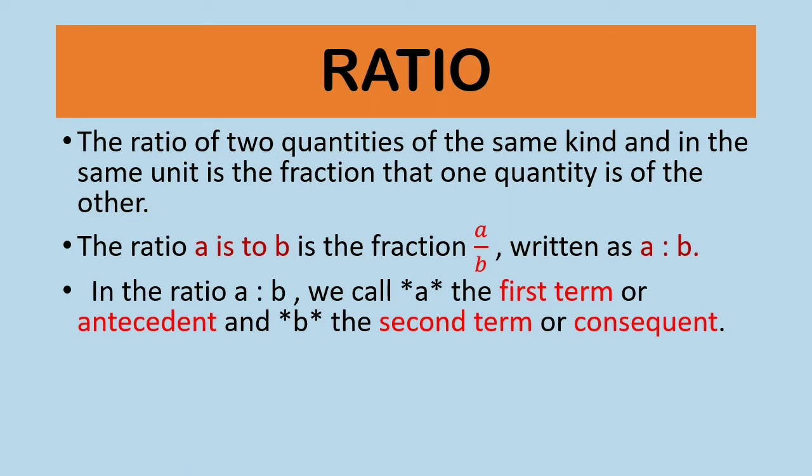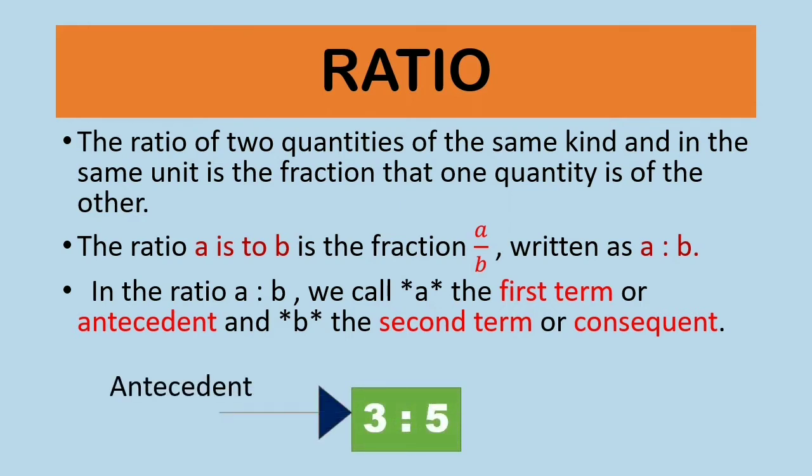In the ratio A is to B, we call A the first term or antecedent and B the second term or consequent. For example, 3 is to 5, where 3 is the antecedent and 5 is the consequent. Ratio has no unit. Let's move to the next slide.